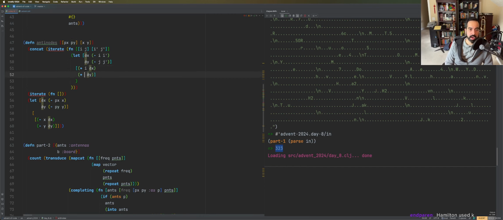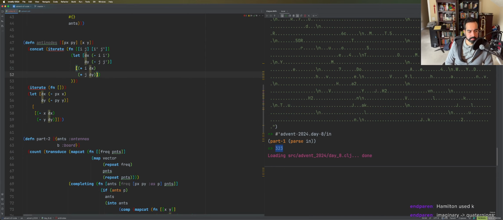Hamilton used K? Oh! I feel like Euler used it and then Hamilton made the convention massive, right? Or K for also indices. Yeah, K is really common for just summations. Yeah, quaternions. Quaternions. That's impossible to say.